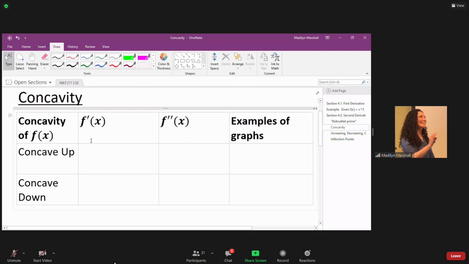So here's a little chart relating concave up and concave down. Concavity refers to the shape of the original function, f of x. And it means specific things for the first derivative of the function and the second derivative of the function.